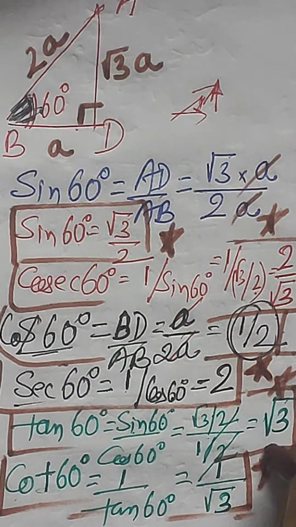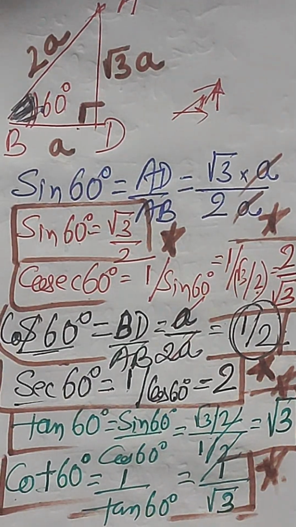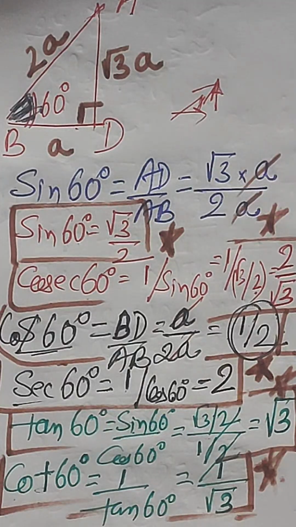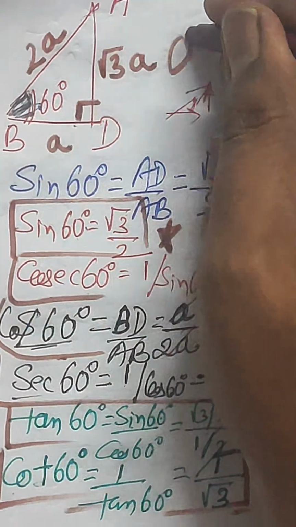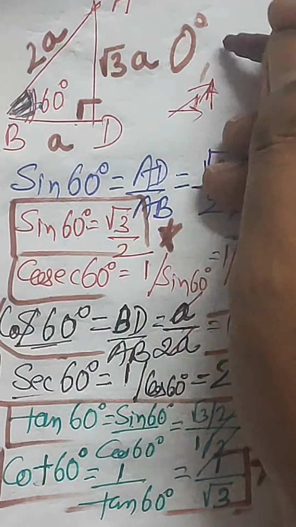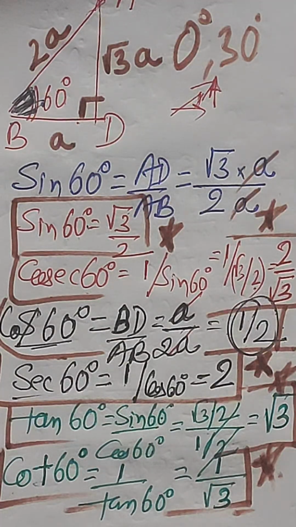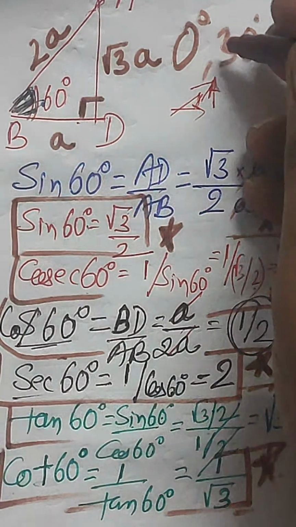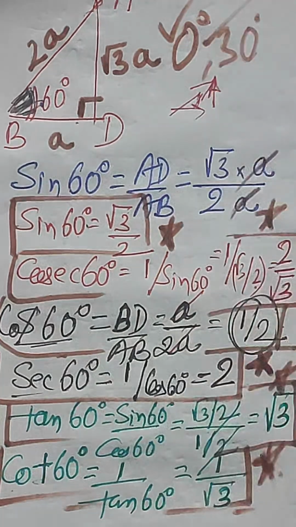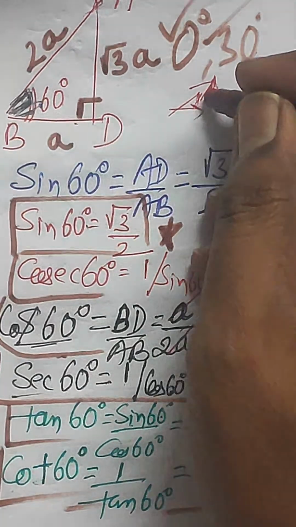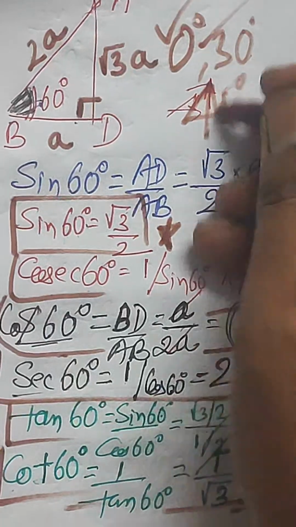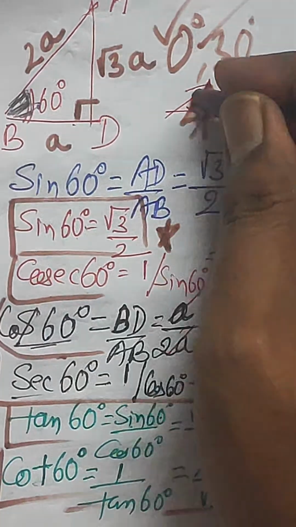So in this way, students, we have calculated the values for 0 degree, 30 degree, the different trigonometrical ratio values, sine, cos, tan, cot, sec, cosec, all. We have done for 0 degree, 30 degree, 60 degree, and even for 90 degree, except 45.